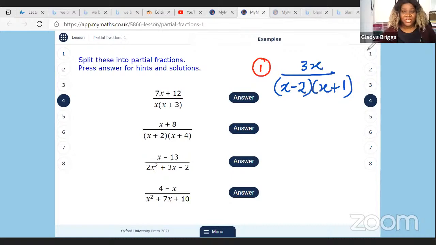Wow, somebody has finished already. Well done. One more to finish before we look at the next one.